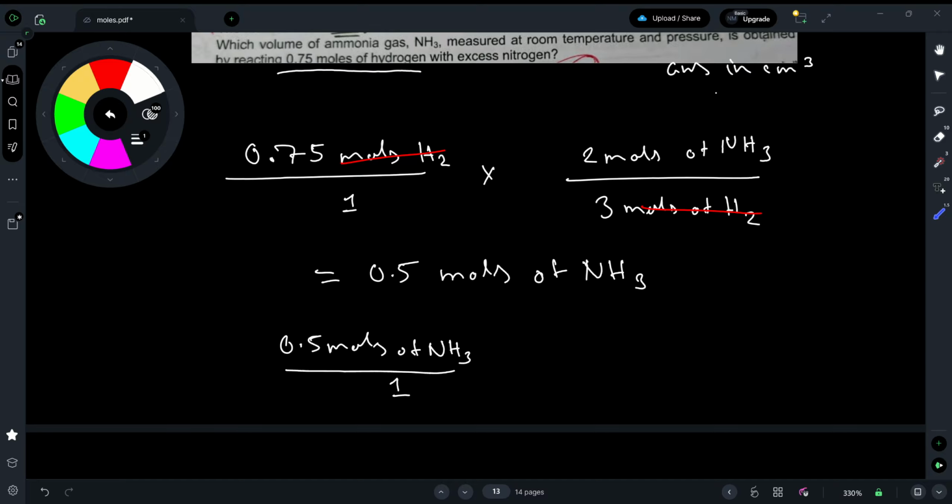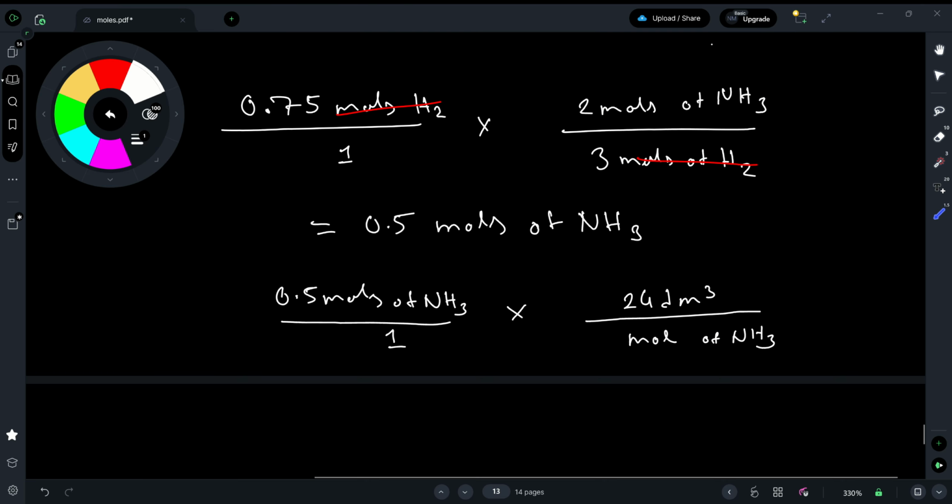The law was that any 1 mole of any gas takes up 24 dm cube of space. So per mole of NH3, 24 dm cube of space.